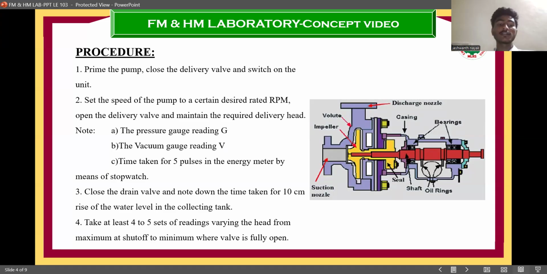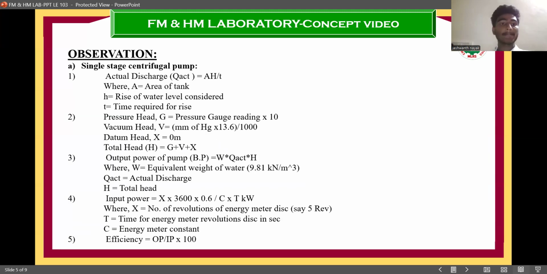We need to check that the water level has risen 10 centimeters and note down the time. Next, step 4. Take at least 4 to 5 sets of readings, varying the head from maximum to minimum, where the valve is fully open. We repeat this experiment 4 to 5 times for various heads.